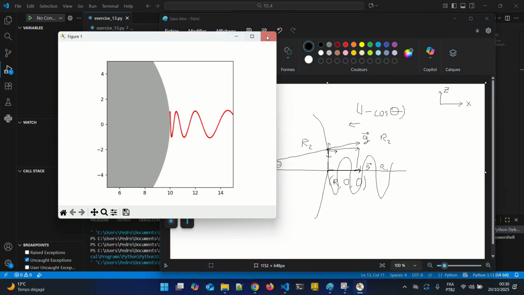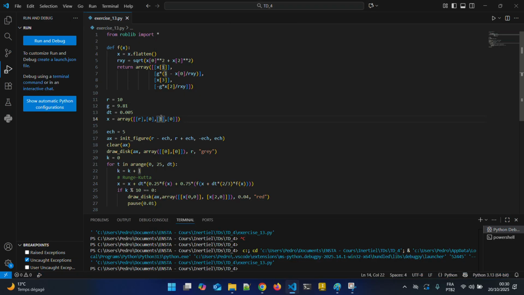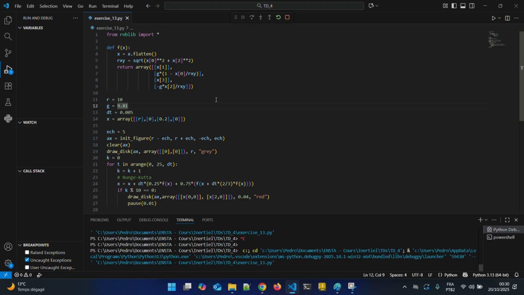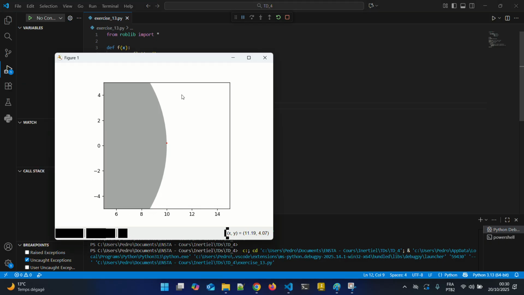Also, if we change the initialization point to a point closer to the R1 position, if we diminish the error here, we would see a smaller amplitude of this shoulder oscillation. So the amplitude is proportional to how far we are from the actual initialization point.